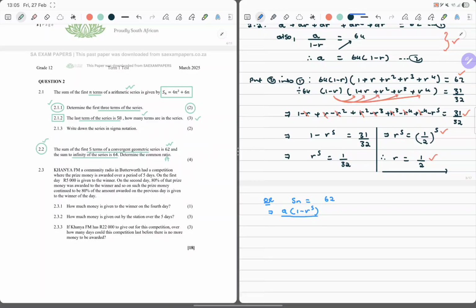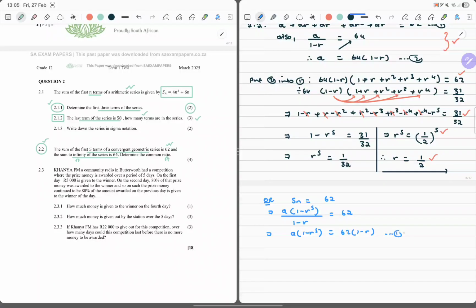The reason for choosing this formula is because I am told that there is a sum to infinity, so it means r is less than 1. So this is 1 minus r equals 62. So we can safely say, therefore, a into 1 minus r to the 5 is basically 62 into 1 minus r.